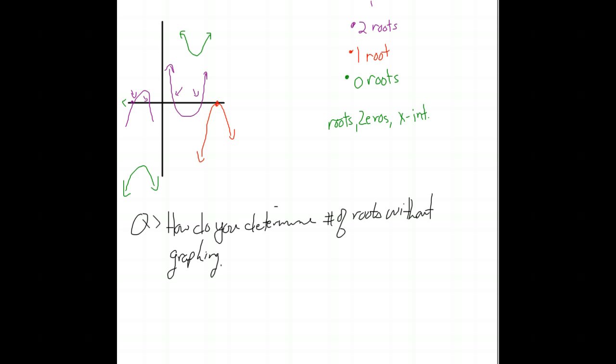And how we're going to solve this comes from our quadratic formula that we've already gone over before.